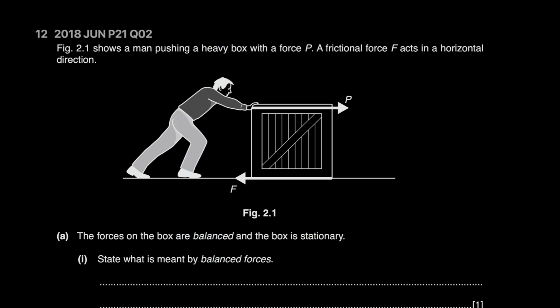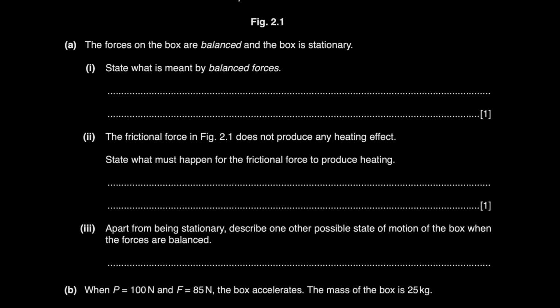Let's move on. Figure shows a man pushing a heavy box with the force P. A frictional force acts in the opposite direction. So that's F, and he's pushing it. P for push, F for friction, I guess. State what is meant by balanced forces.